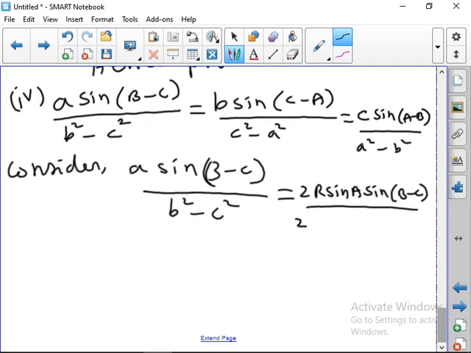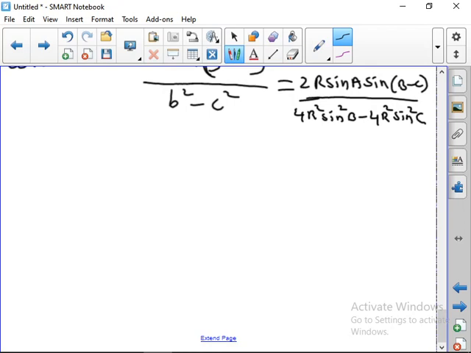So can we write 4R square directly? 4R square sine square B minus 4R square sine square C. So it is equal to 2R sine A.